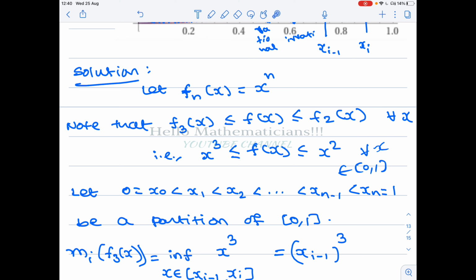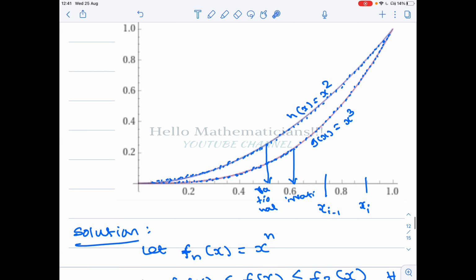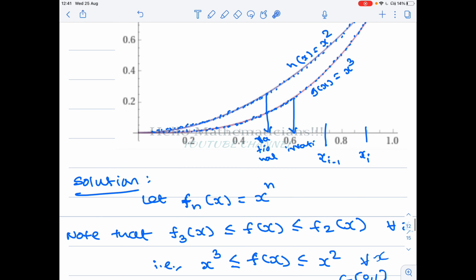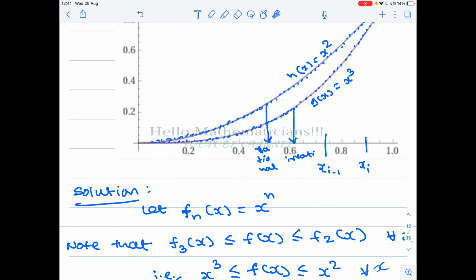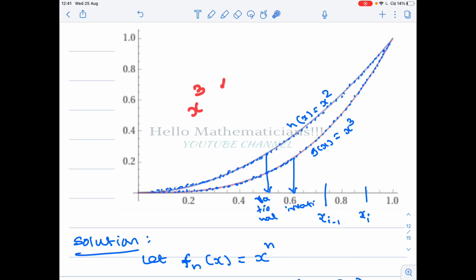We are talking about everything on the closed interval [0, 1] only. Why? Because if I take x in [0, 1] and x is rational, then f of x will be equal to x square. For the points lying in [0, 1], x cube is less than or equal to x square always.